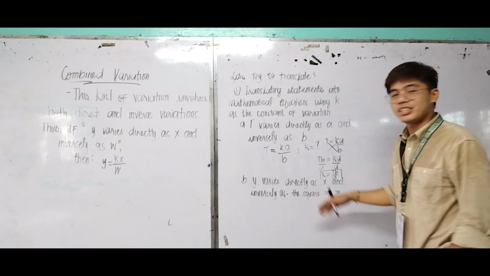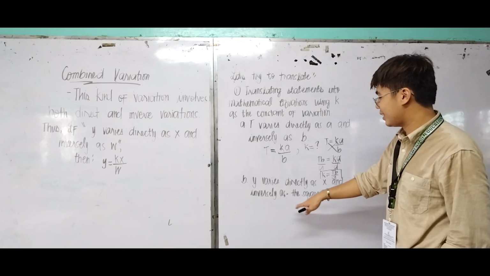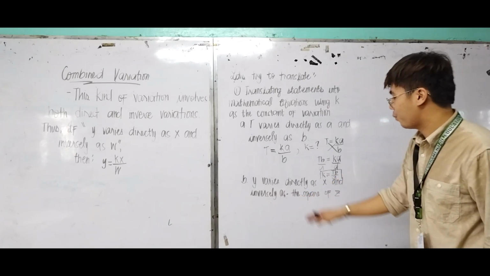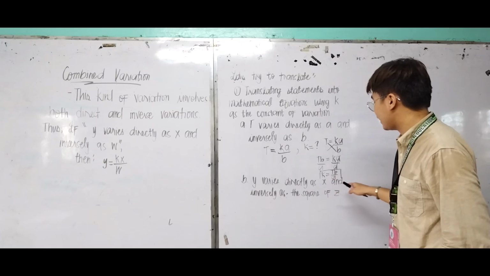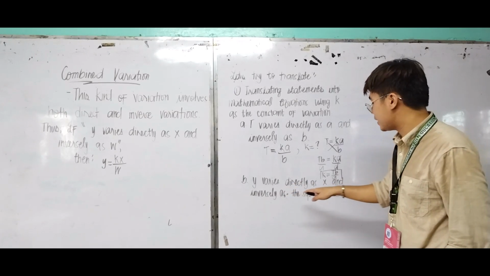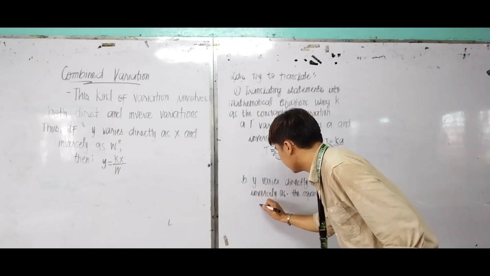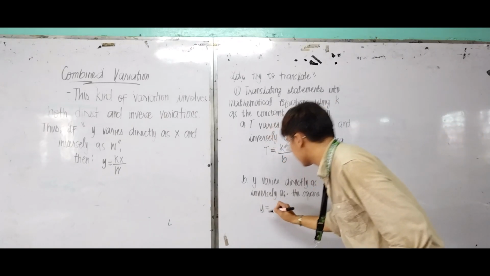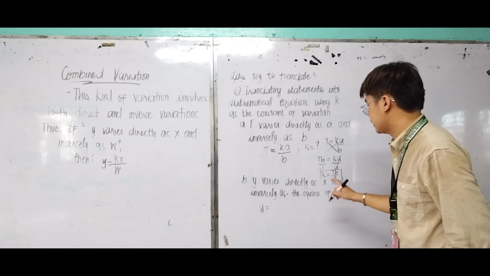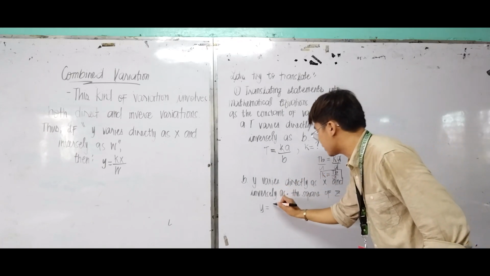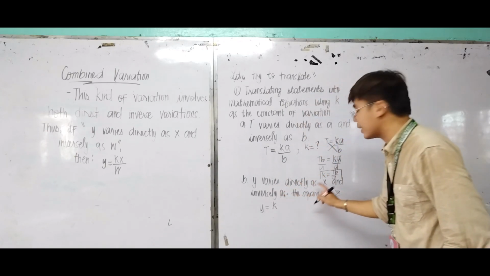Now let's try to illustrate the letter B. Okay, y varies directly as x and inversely as the square of z. So we have here y equals, directly. So varies, that means you will write k, directly as x.